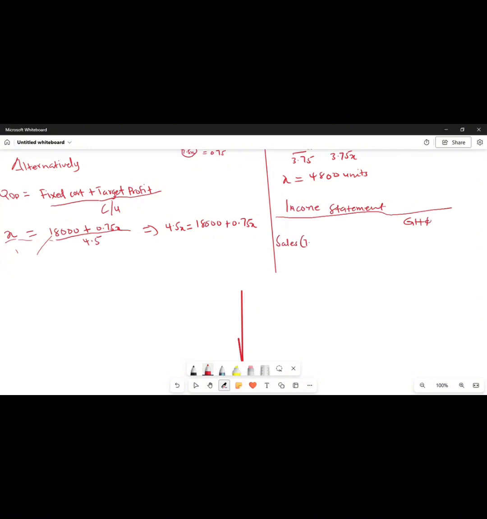Our selling price per unit is 7.5 by our units, which is 4,800. That will give us 36,000.